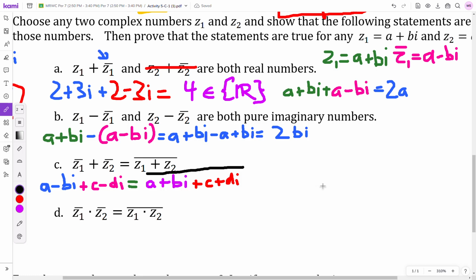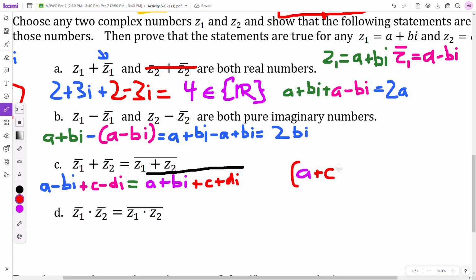In fact, let me do that right here. So what I'm saying is that the real part, if I take this here, let me actually keep the colors. Maybe that'll make it more understandable. If I go A plus C, and this is my real part, all right?